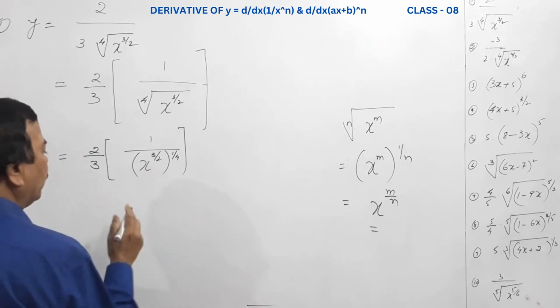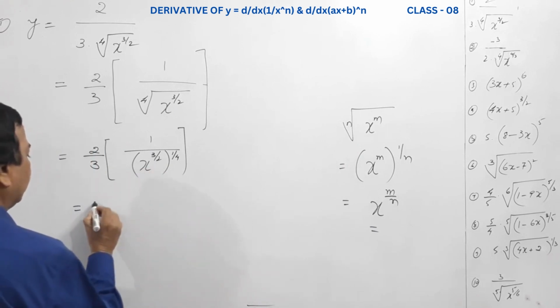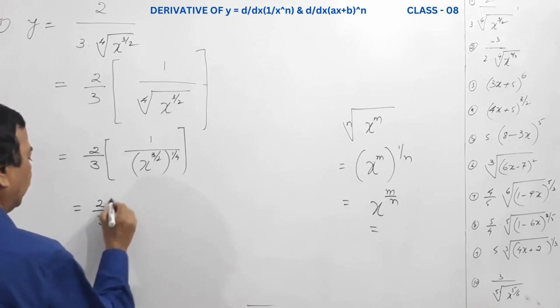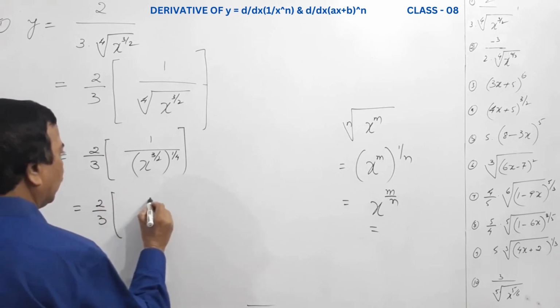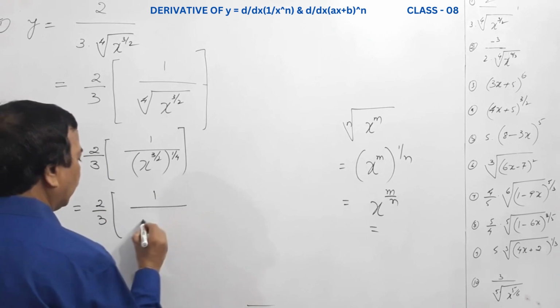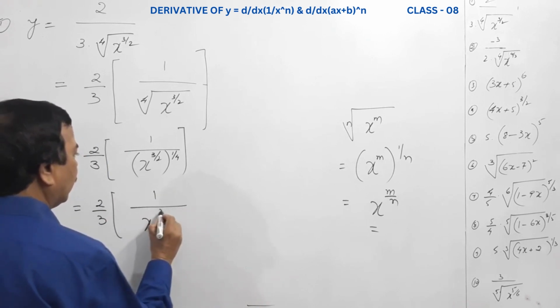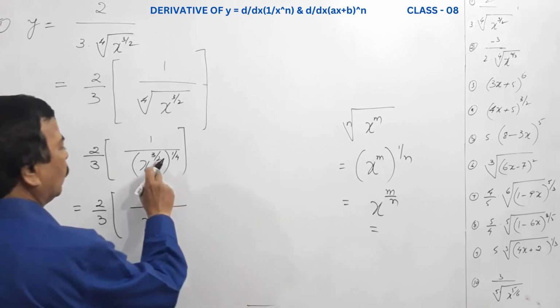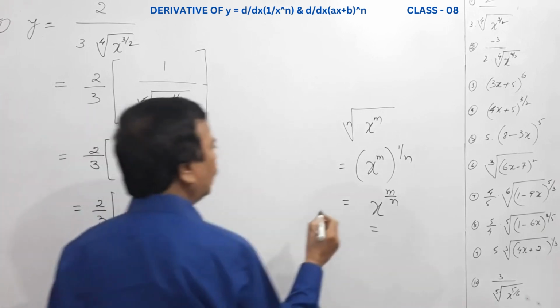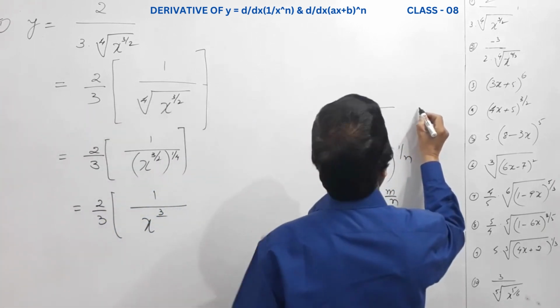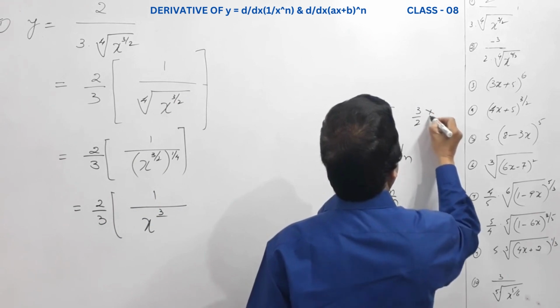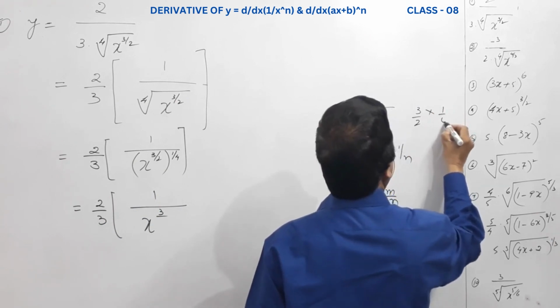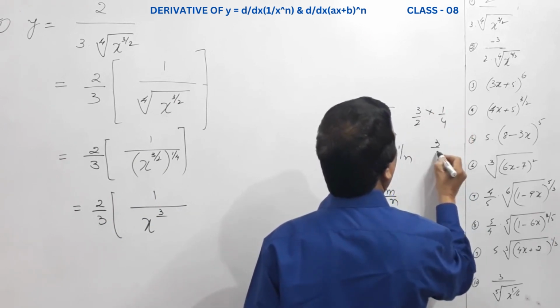So I simplify this. This is nothing but 2 by 3 into 1 by x to the power of 3 by 2 into 1 by 4, that becomes 3 by 8.